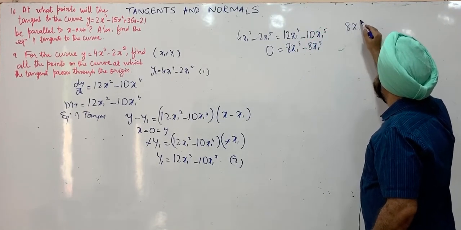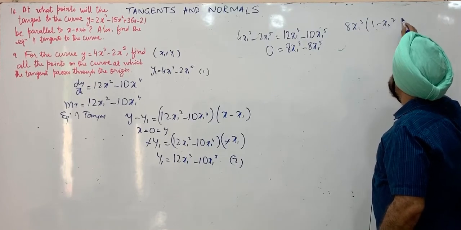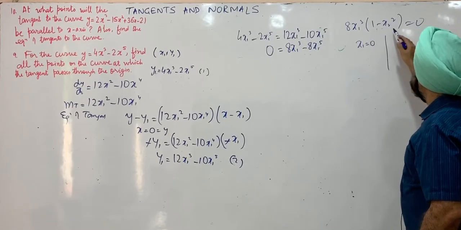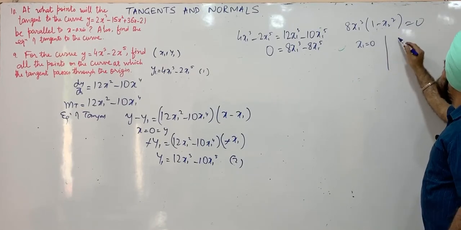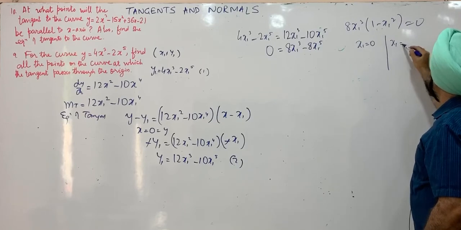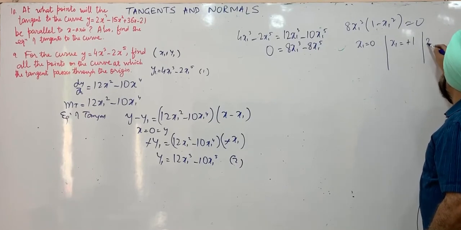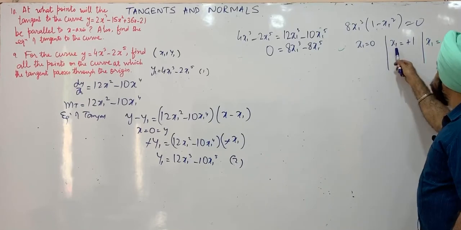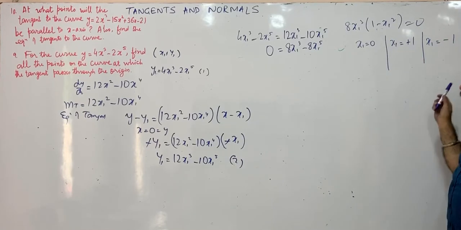Taking 8x1 cube common, this is equal to 0. This is x1 equal to 0, or x1 whole square is equal to 1. That's x1 equal to plus 1, or x1 is minus 1. So we have x1 equal to 0, 1, minus 1.